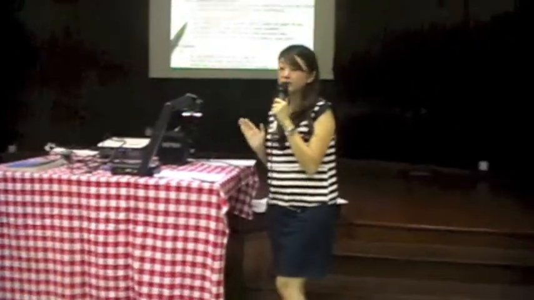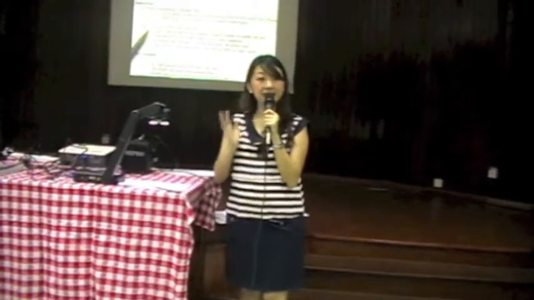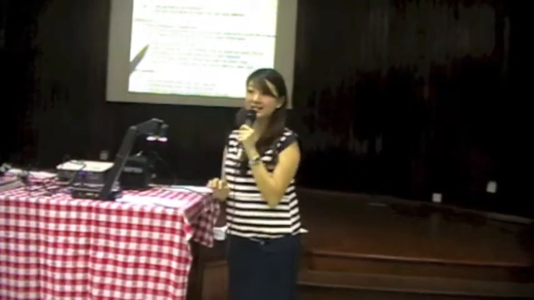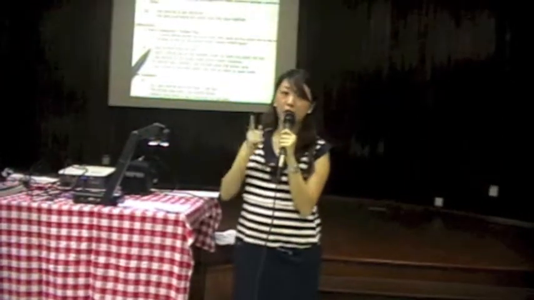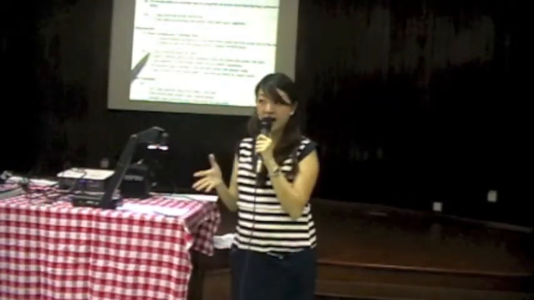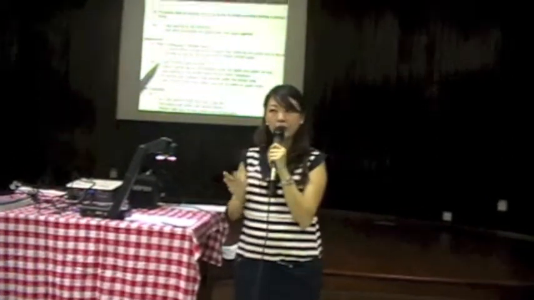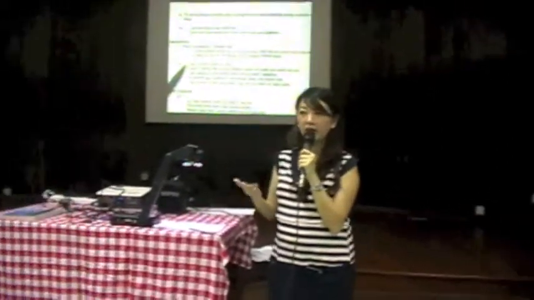Now, class, obviously, this is not a simple sentence that you are familiar with. A simple sentence consists of one subject and one verb. In this sentence, it has more than that, more than one verb and more than one subject. In fact, there are two subjects and two verbs in this sentence. You think you can tell me what they are?